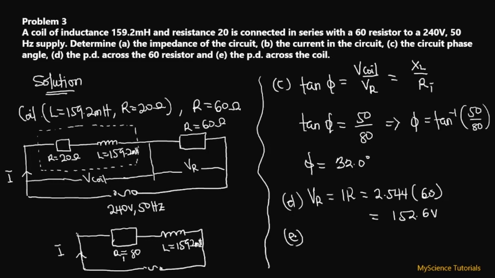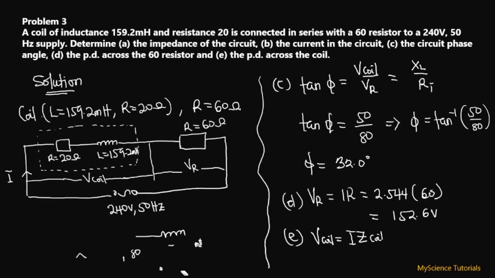All right, so let's look at E. E is the potential difference across the coil, V coil. Now, V coil is going to be equal to the current multiplied by the impedance of the coil, Z coil, because the coil is not only an inductor, it also has a resistor.